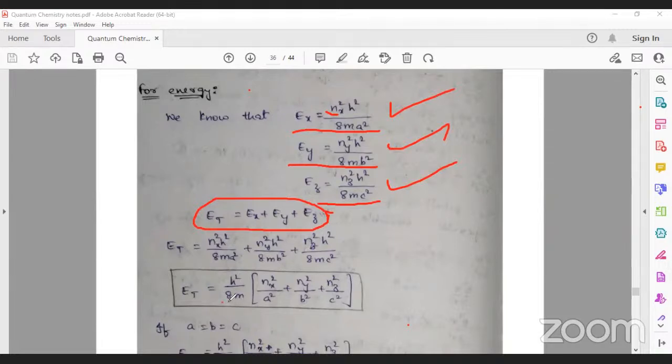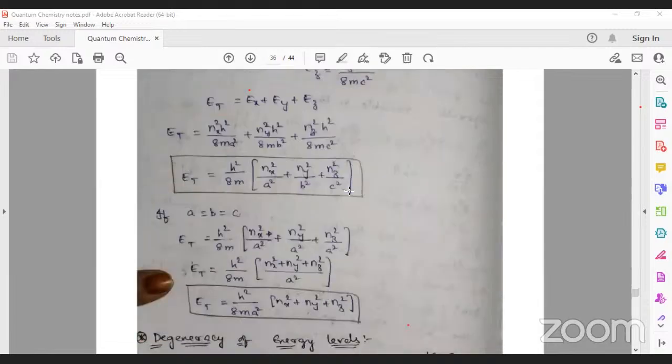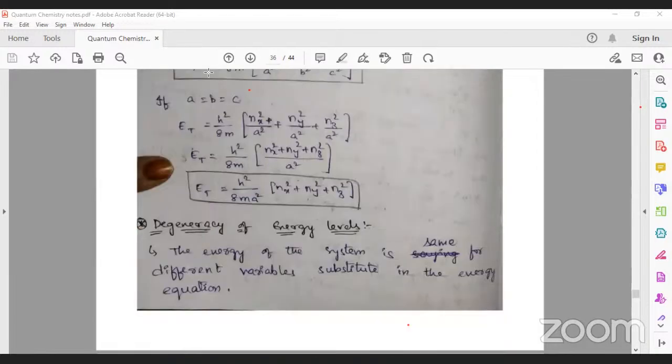Here h square by 8m is the common. Therefore, nx square by a square plus ny square by b square plus nz square by c square. If that three-dimensional box is a cubical box, for a cubical system, all the coordinates a, b, c are equal, right?